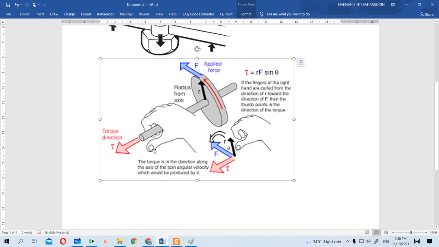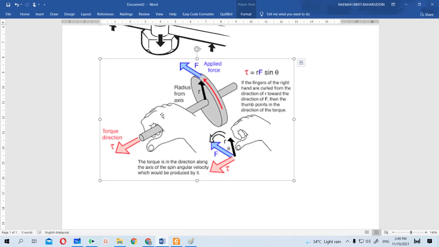So, if your thumb is out of the book, that's the direction when it's positive. So, in the case here, you find that the direction of the force applied would be similar to your curling fingers, or your direction of force.